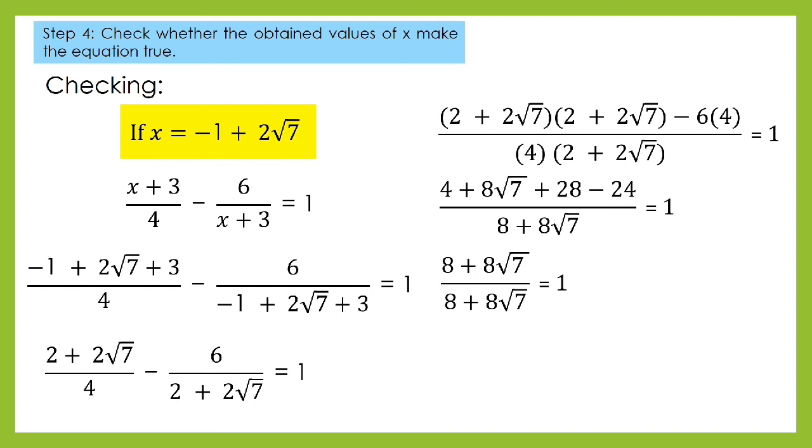And then, we simplify 8 plus 8 square root of 7 all over 8 plus 8 square root of 7 is equal to 1. And equals 1. So, nakuha natin na equal. So, that is true. The first root is true. Negative 1 plus 2 square root of 7 satisfies the rational algebraic equation.